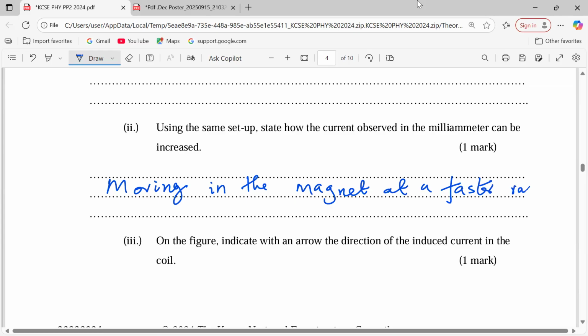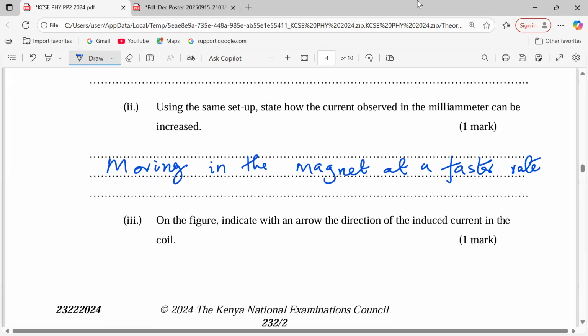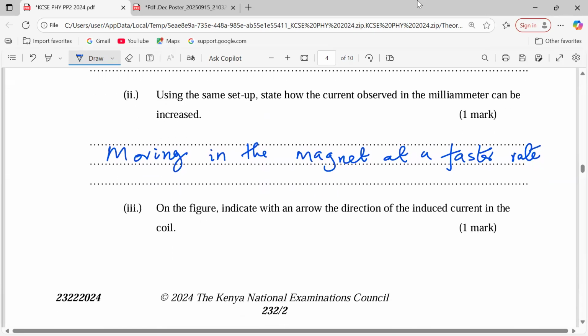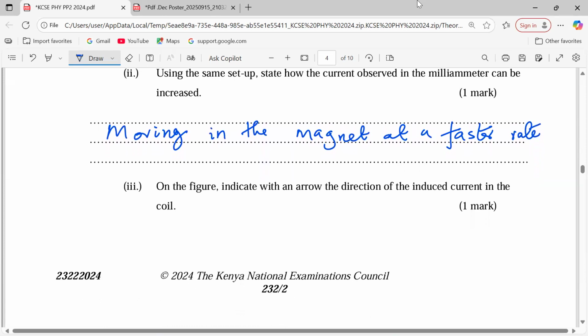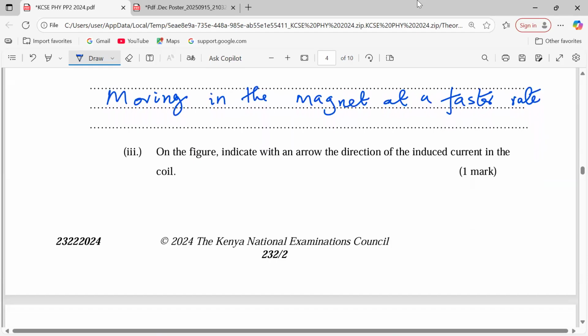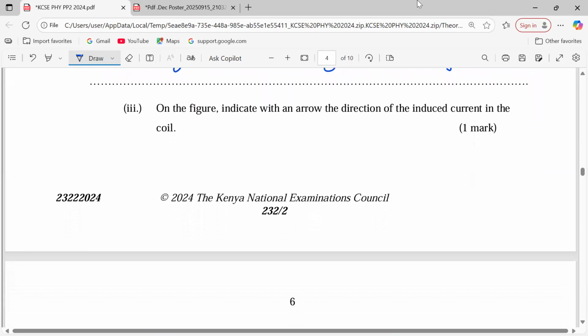We will have an increased rate of magnetic flux linkage, leading to a greater EMF and hence a greater current shall flow. On the figure, indicate with an arrow the direction of the induced current in the coil.